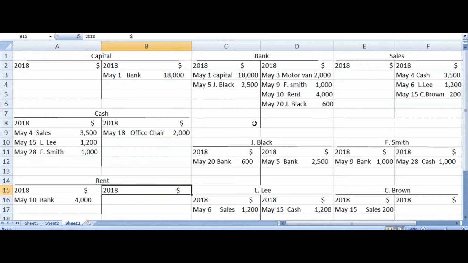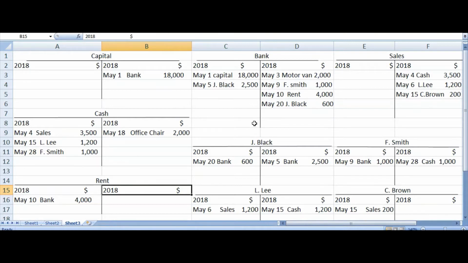All right. So what I've gone ahead and done is to draw up the accounts, and I have put in the entries. We know that double entry states that for every debit, there must be a corresponding credit and vice versa. The account that is receiving, you would debit, and the account that is giving, you would credit.